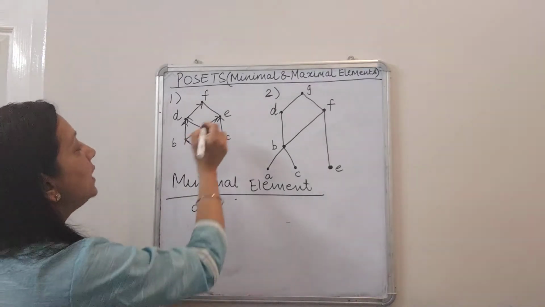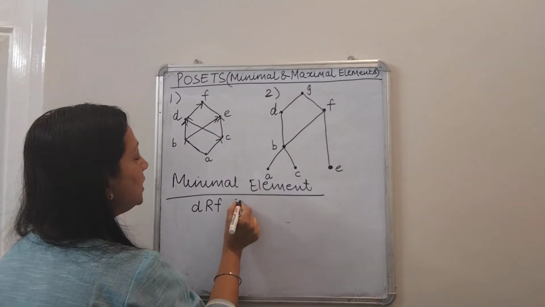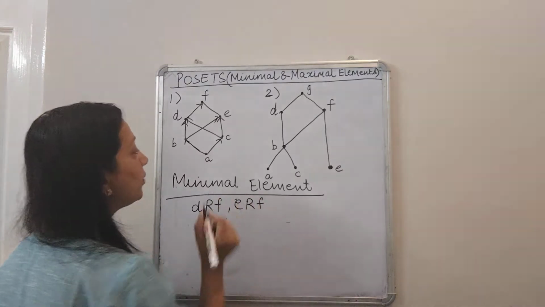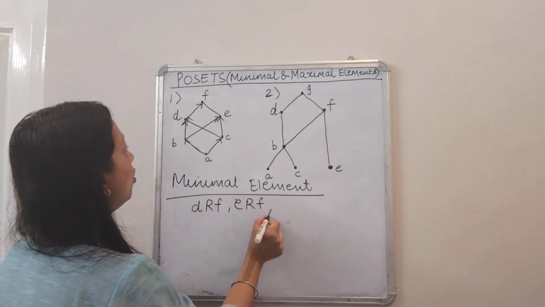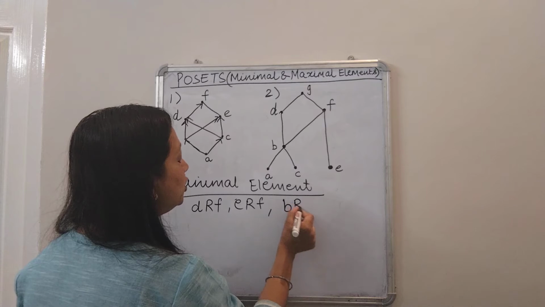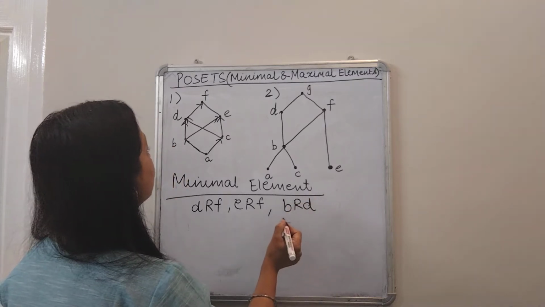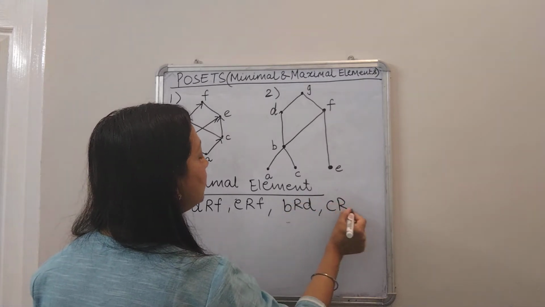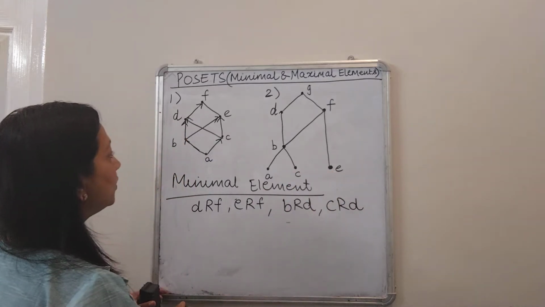Next, E is related to F. Then I know that B is related to D, and C is related to D, right?